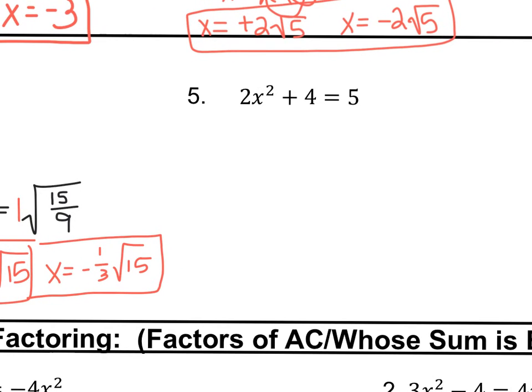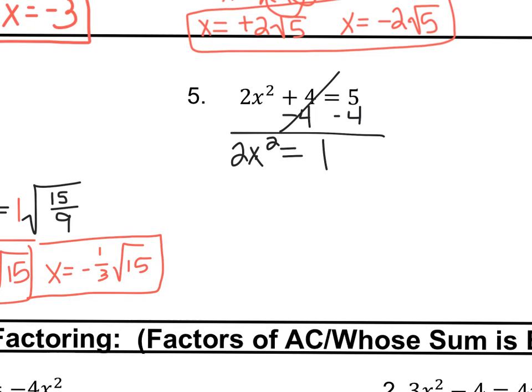Okay. The next one would be a fraction. Okay. I get 2x squared is equal to 1. Again, my goal is to get the x squared by itself.